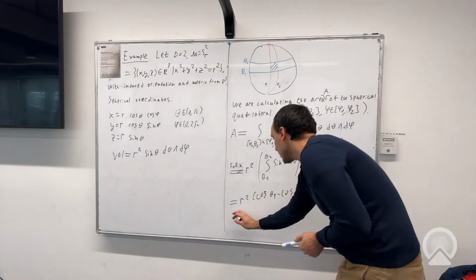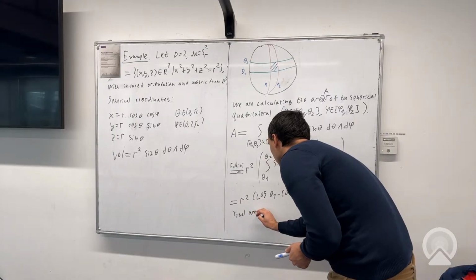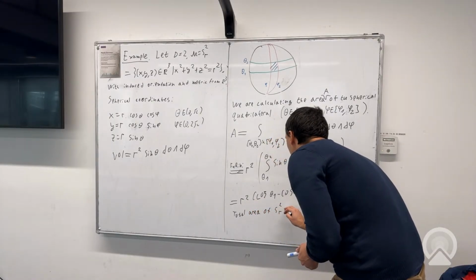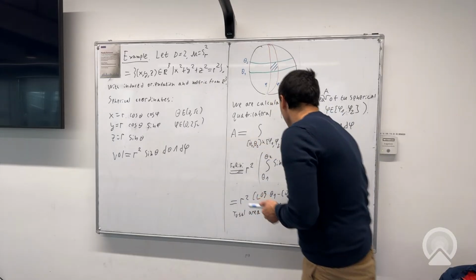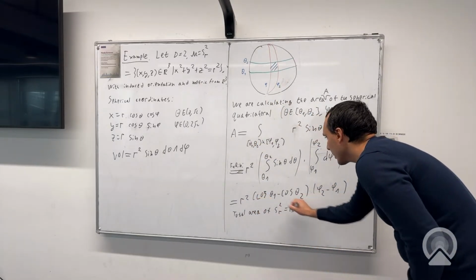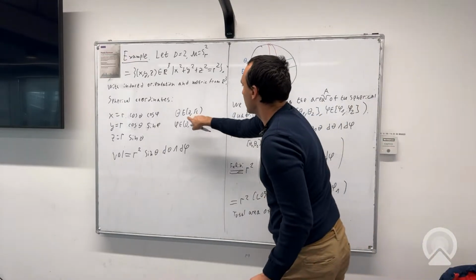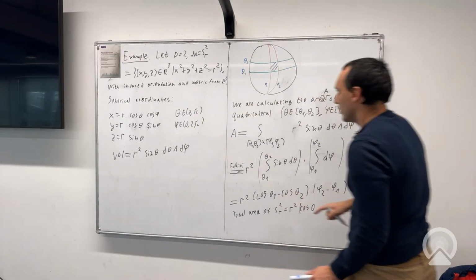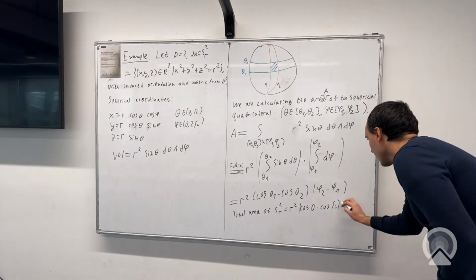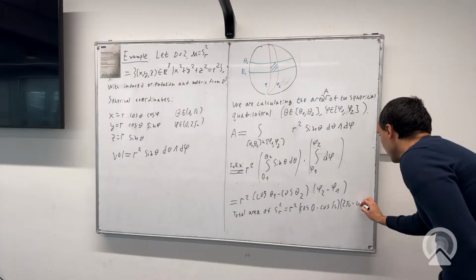Total area of S2R, let's call this, is r squared cosine of 0, so the whole interval here, 0 to pi, minus cosine pi times 2 pi minus 0.